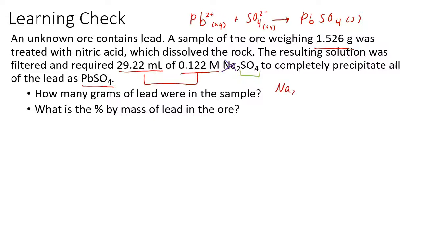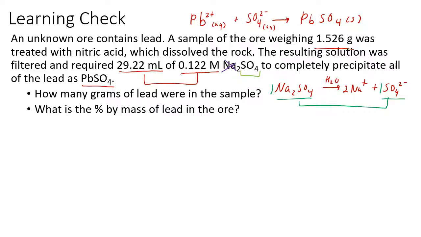Sodium sulfate, when in water, gives us 2 sodium ions and 1 sulfate anion. So if we know the concentration and volume of our sodium sulfate, that's going to be exactly the same as the concentration and volume of our sulfate, because those two are 1-to-1.